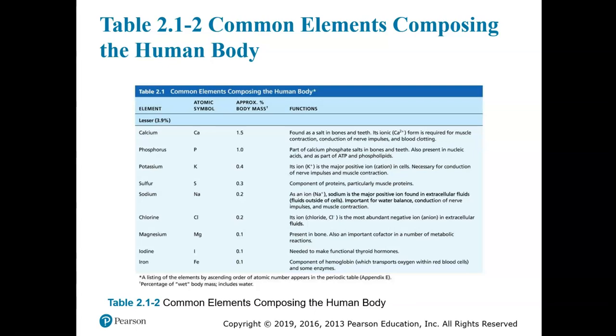In either case, you become paralyzed. That means not only can you not move, but you can't breathe. Your heart can't function, so you die. So the levels of calcium in our blood are very, very important. And that's why we're going to talk about how our body maintains those levels.